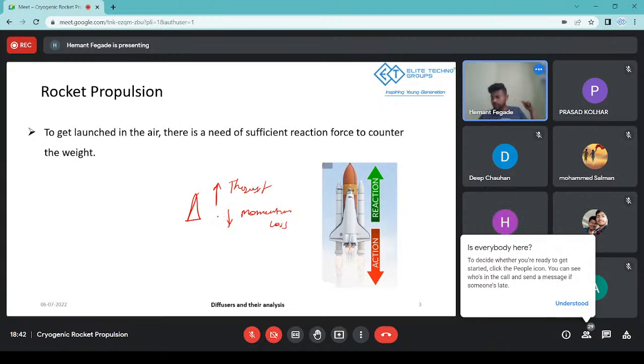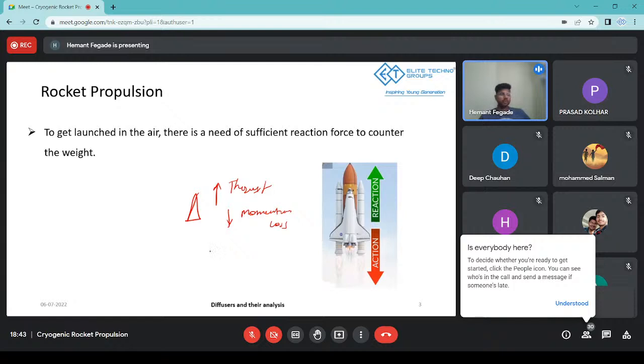Anybody wants to say something? Okay, never mind. So basically, the thrust that you're going to generate is going to come at the expense of momentum loss.